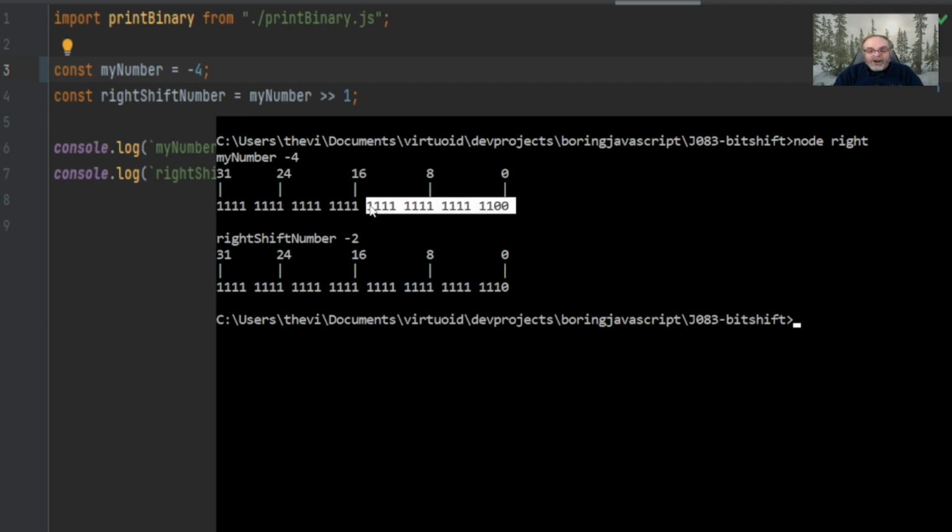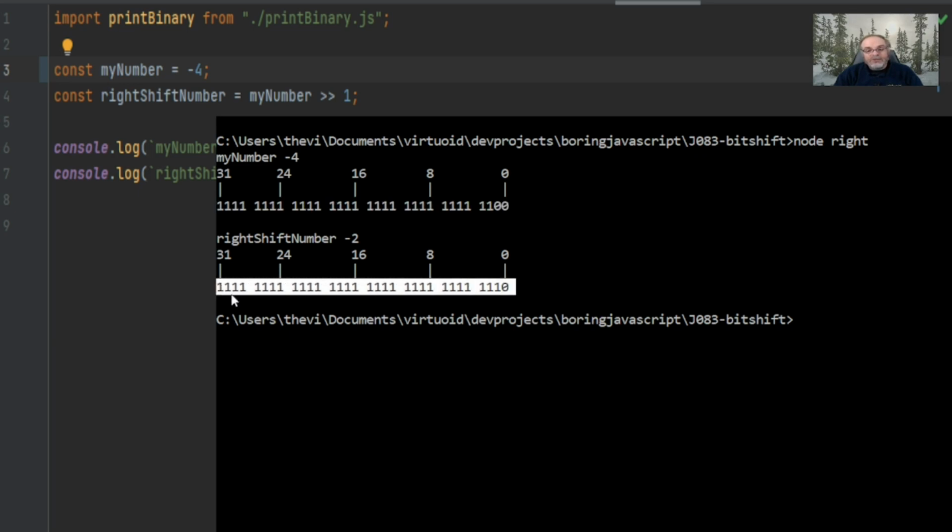If you start with a 0 in bit number 31 and you do a right shift, you're still going to have a 0 there. If you start with a 1 and you do the right shift, you're still going to have the 1. So a right shift keeps the sign at all times. And that's, again, one of those important things to know with the right shift.